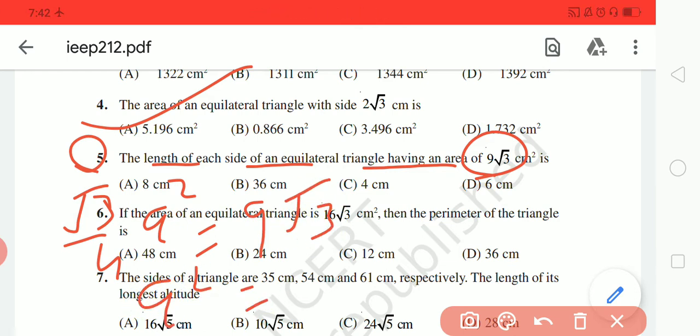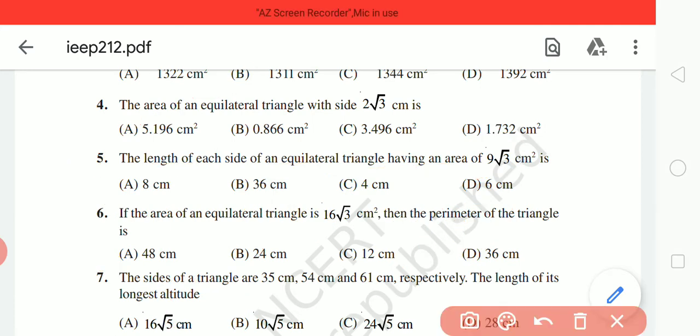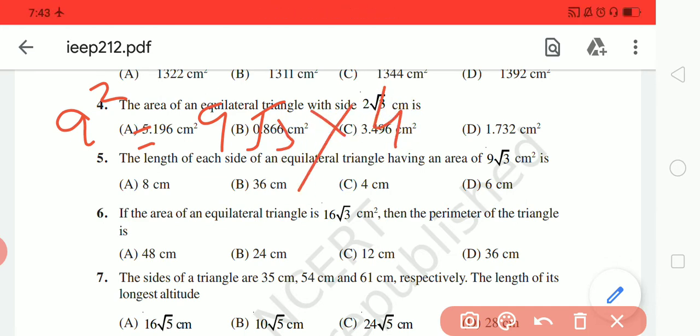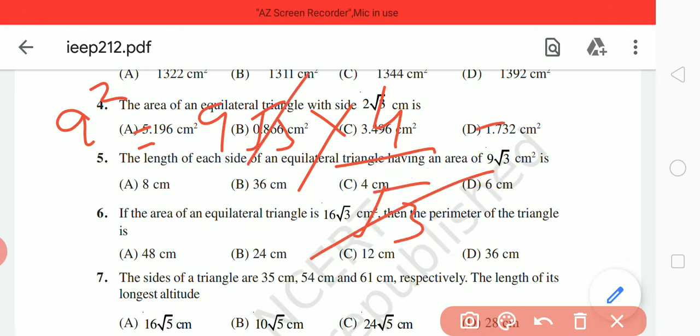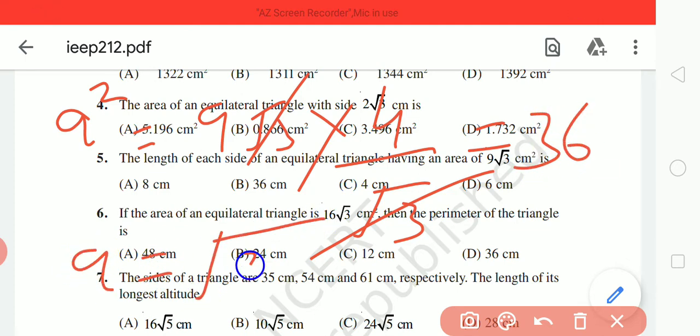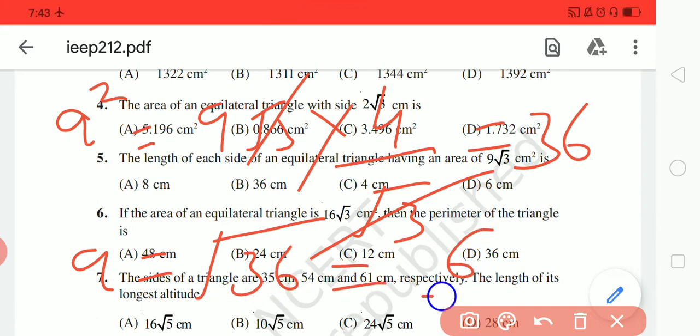A square is equal to 9 root 3 into, when you transpose root 3 by 4 to the right hand side, 4 will come in the numerator and root 3 in the denominator. You can cut them and you will get 9 fours are 36, and taking the square root on both sides, a equals root 36, and this is equal to 6 centimeter.